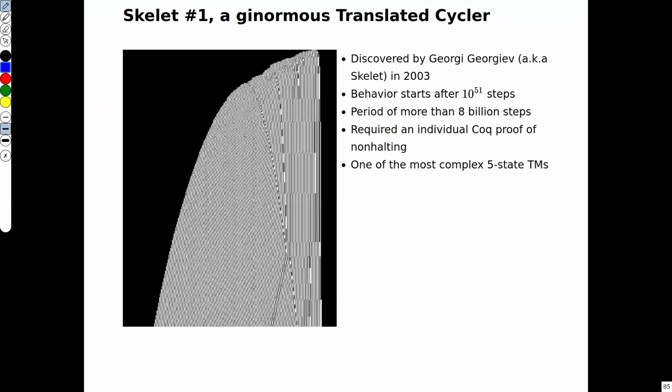The list was split up into about 100 machines that he looked at manually and they're easy, and then there were the hard ones, 43 of them. So we have skeleton 1 through skeleton 43. Our algorithms solve some of those, but all of our leftover machines were already identified by Skeleton.